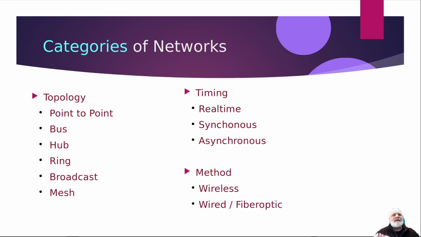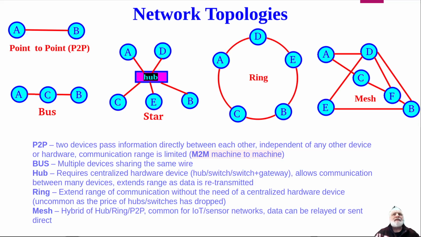So we're going to look at some different categories of networks. We'll start with topology. Here are some graphics of topologies used for communications. The first one up here is point to point. Point to point is really not quite a network because you're only talking to one other device.